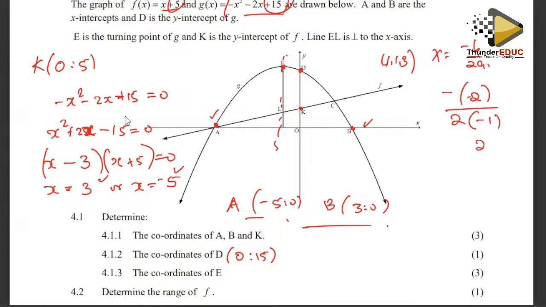So it's going to be 2 over negative 2, which is a negative 1. Then substitute this negative 1 into g. So g of negative 1 is negative 1 squared, minus 2 times negative 1, plus 15. What does this give us? Negative 1 plus 2 plus 15.